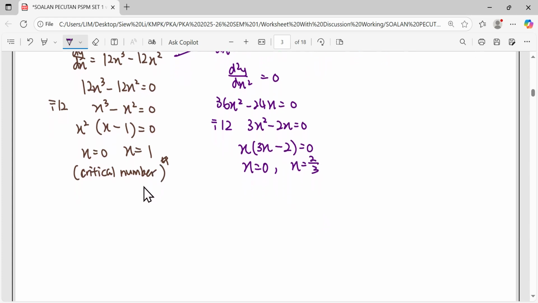Therefore, when we test our critical numbers, we need to consider these three values on different intervals.